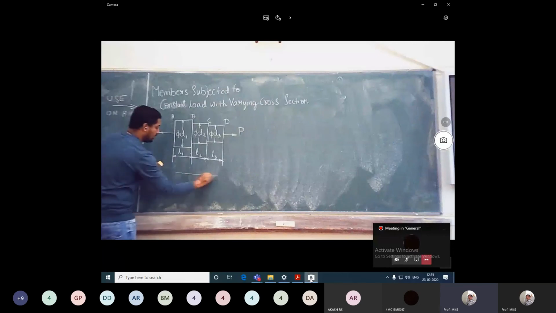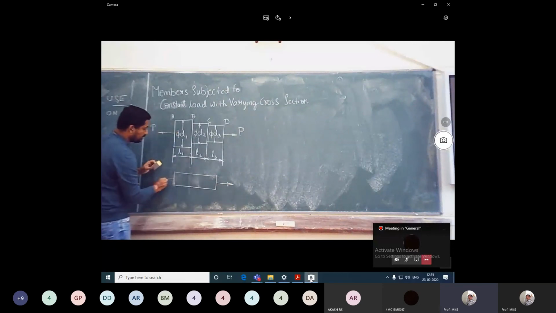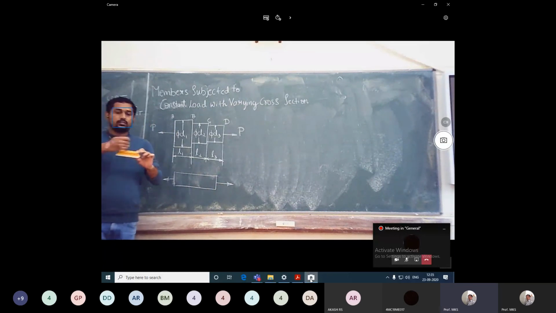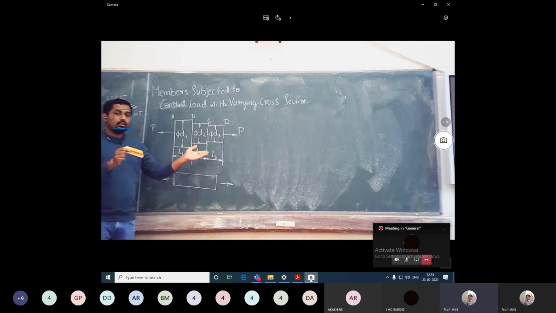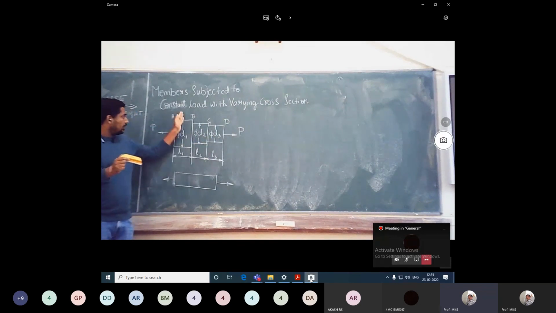If it was a straight bar of even cross section, then the stress induced would be the same at any cross section, right? Since the bar is not continuously the same cross section, if you take any section at CD or BC or AB, the stress will be different. Since the cross section is varying, the stress acting will be different.